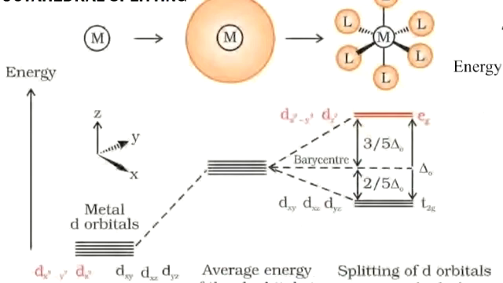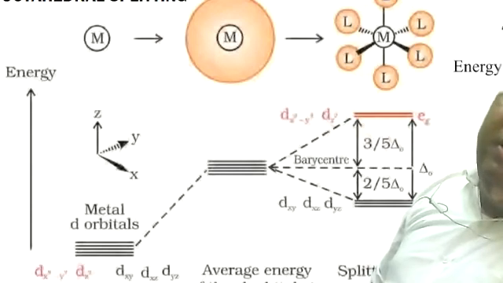So dxy, dyz and dzx form the t2g set, and dx²−y² and dz² form the eg set of orbitals. Now I will change the background and show you how the splitting takes place in tetrahedral splitting.